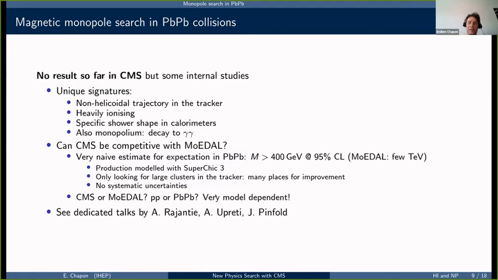Which is best is not just, maybe there is not a single answer, because different models exist for the production of magnetic monopoles, and depending on the model parameters or which model you use, it could be that the answer is different. So, you know, at some point it could still be interesting to do an actual analysis in CMS. And so, yeah, there will be a lot more information in the dedicated talks on this topic.